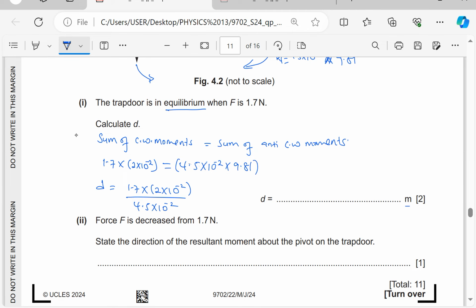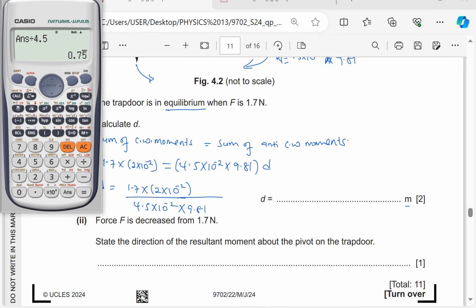That is the force, then times the distance. So here I have to say times 9.81. Yeah, that's why the answer was very weird. It was not really making good sense. So I will divide this by 9.81.